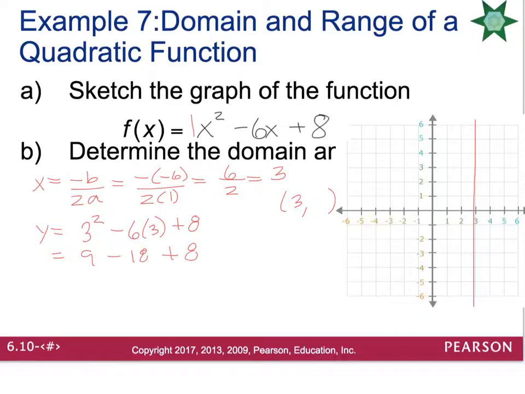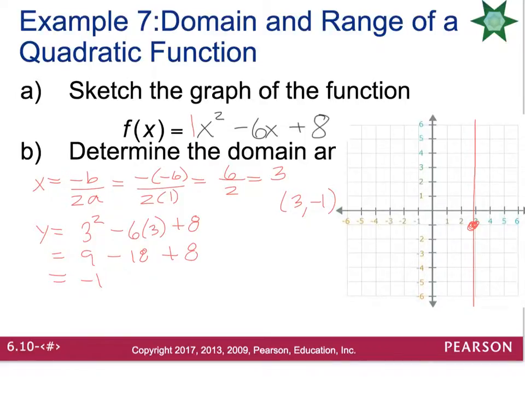Well, 9 minus 18 is negative 9, and negative 9 plus 8 is negative 1. So our vertex will be happening at 3, negative 1. And so then we can plot that dot. So because our parabola opens up, this is going to end up being the minimum of your parabola.